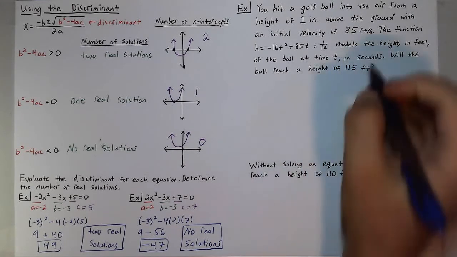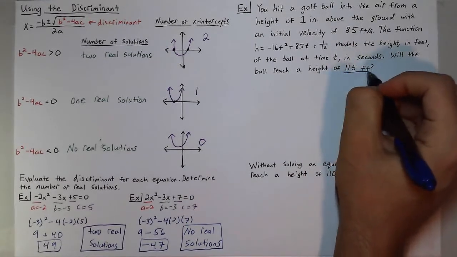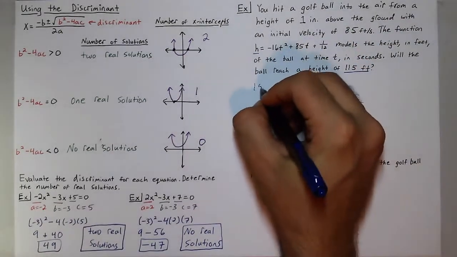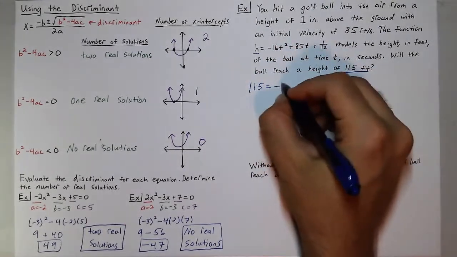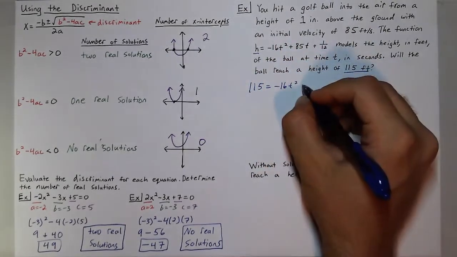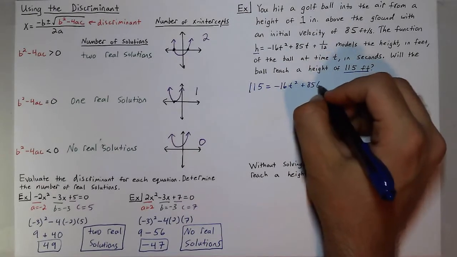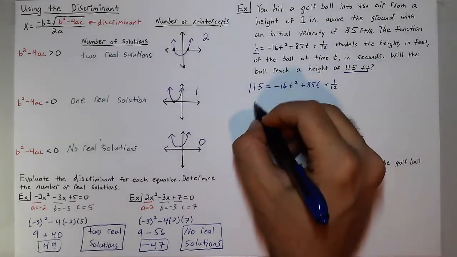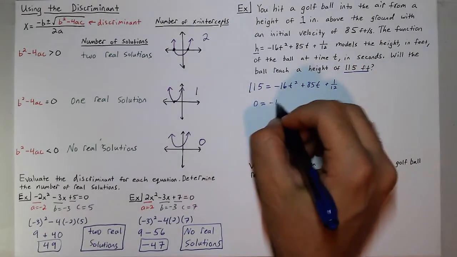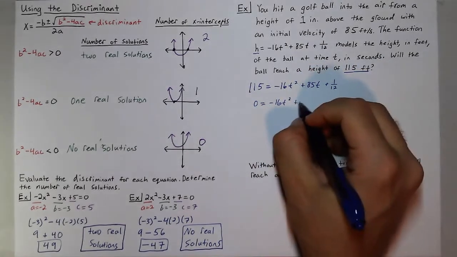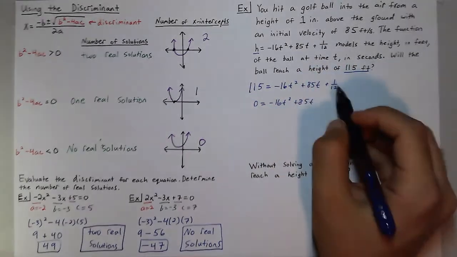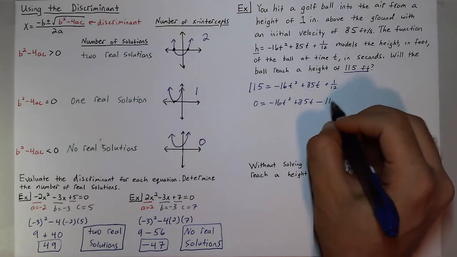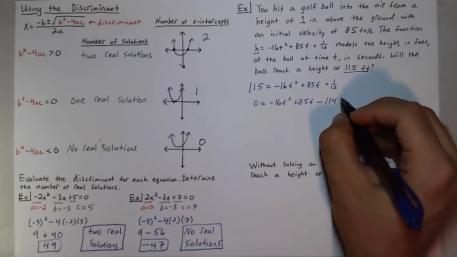So the way I would set this up is I know the height is 115, so I'll replace h with 115. It'll be equal to negative 16t squared plus 85t plus 1/12. I'll subtract 115, giving me 0 is equal to negative 16t squared plus 85t, and then 1/12 minus 115 would be minus 114 and 11/12.